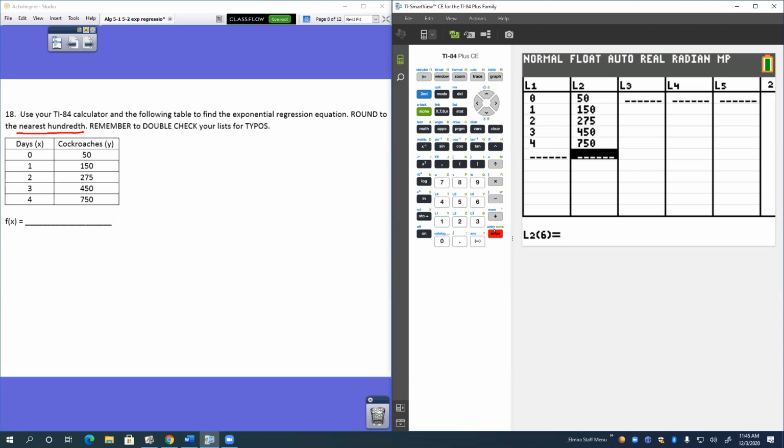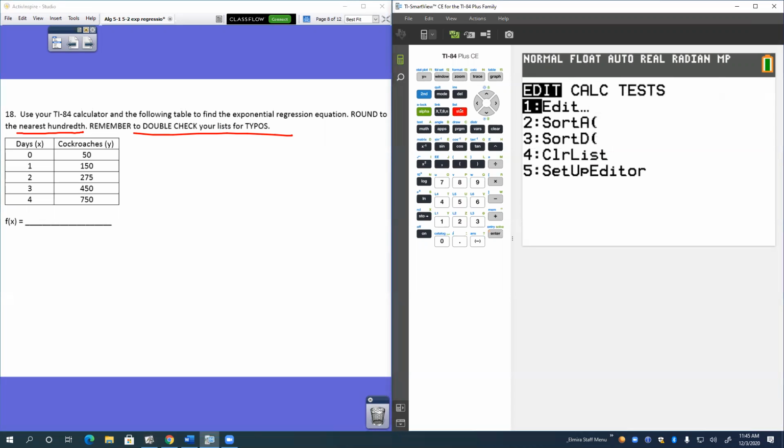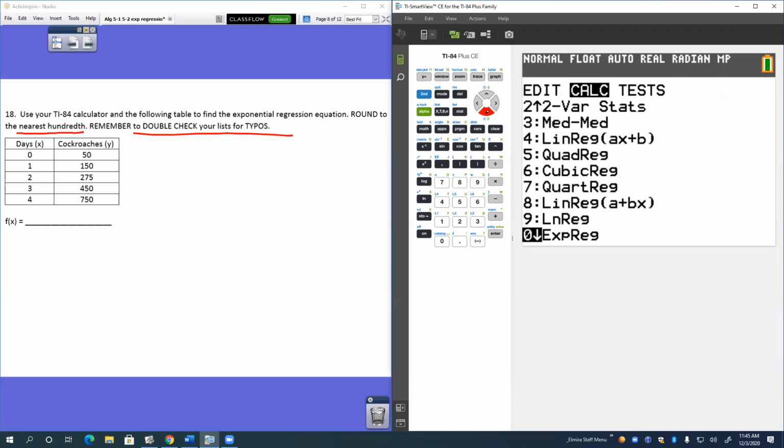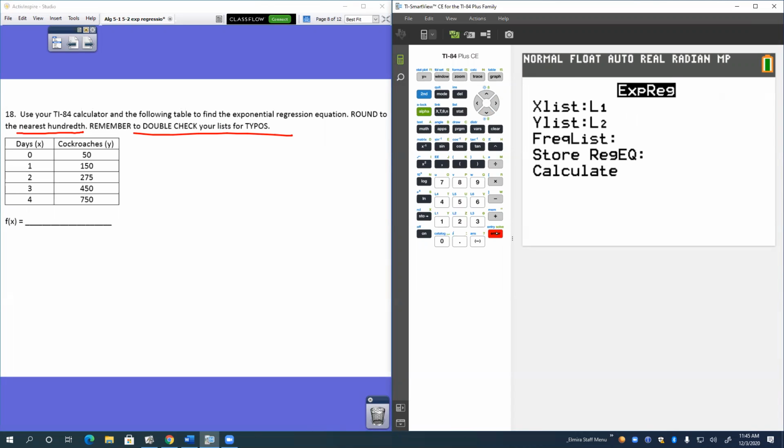The biggest mistake that people make is doing typos. Notice that it even says double check your list for typos. So we go to Stat, Calc. We go down to 0, which is our exponential regression. Then we hit Enter, go down to Calculate, hit Enter, and notice that we have big, long decimal answers.